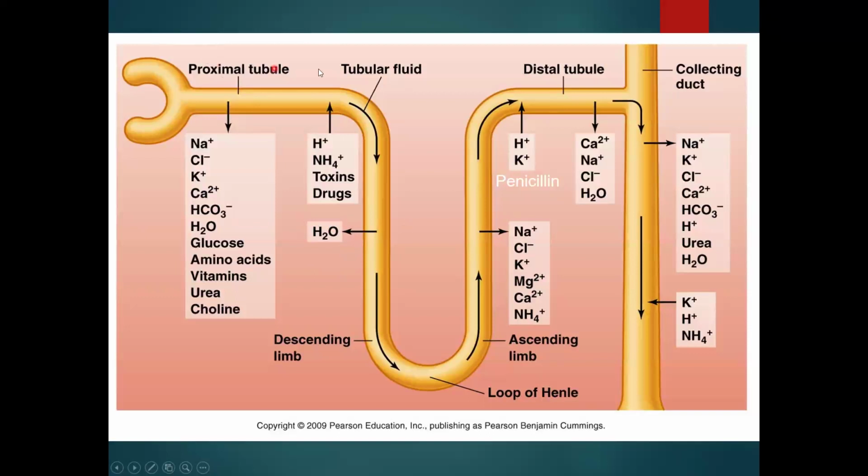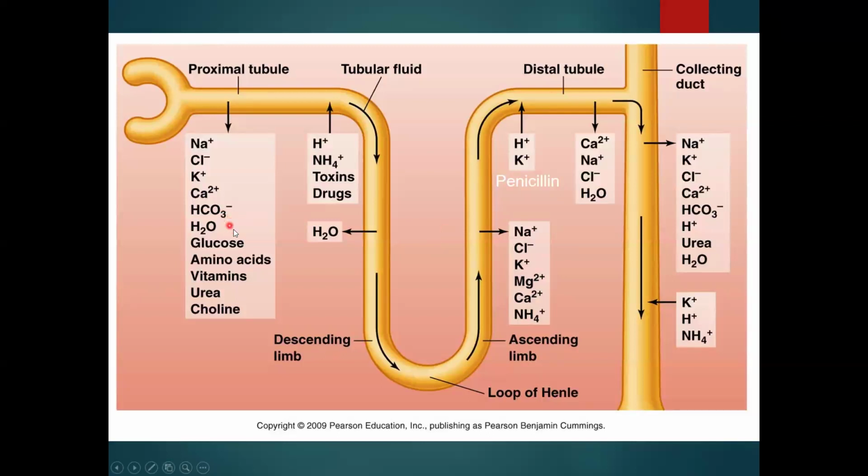So we've gotten all the nutrients back in, we got the salts back in, and then we get the water back in. And it is without ammonia or urea for the most part. So it is a weird way to set it up, but proximal convoluted tubule to the ascending limb to make it salty, and then to the descending limb of the loop of Henle to make the water go where we want it to.